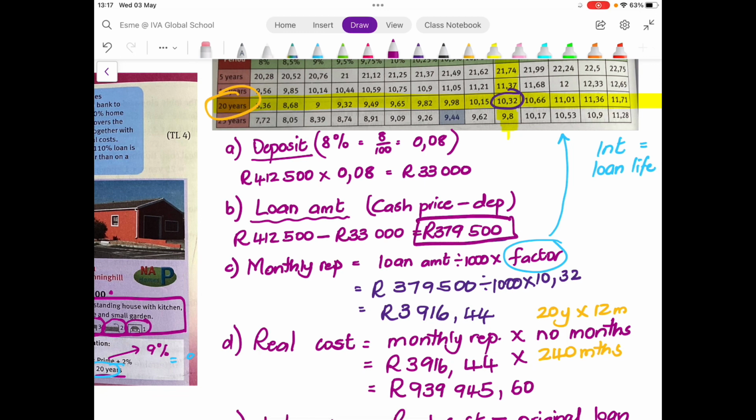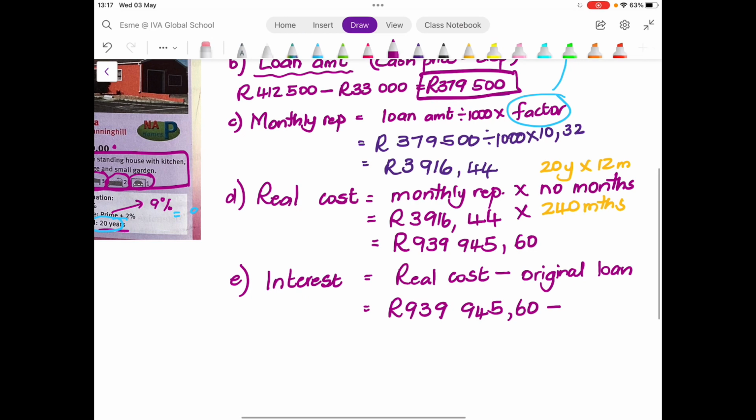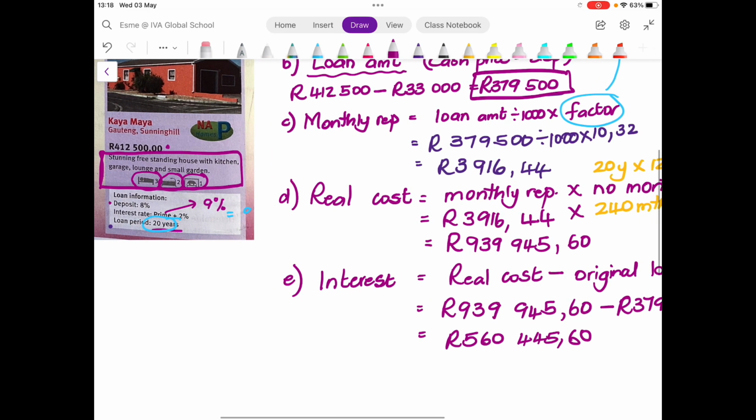There's your loan amount, 379,500. Put on your calculator and do that. So you are going to pay 560,445 Rand and 60 cents. Right, so this house, using the current situation, you are going to pay 560,445 Rand 60 in interest.